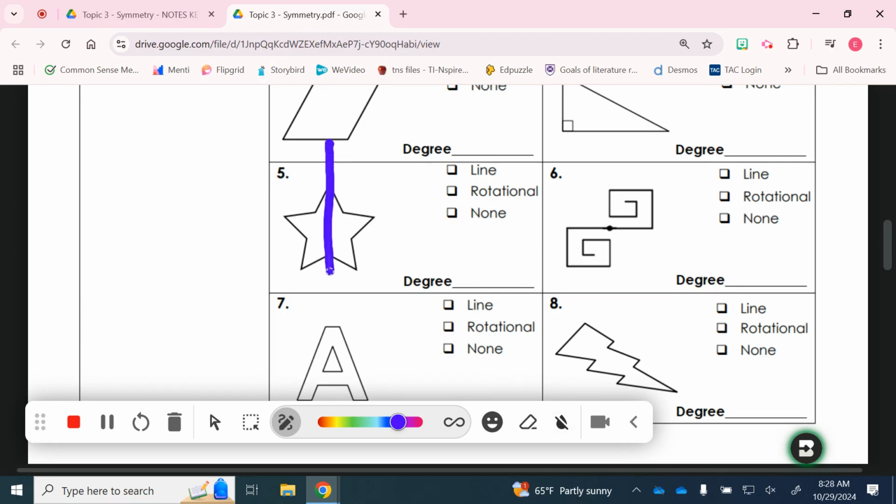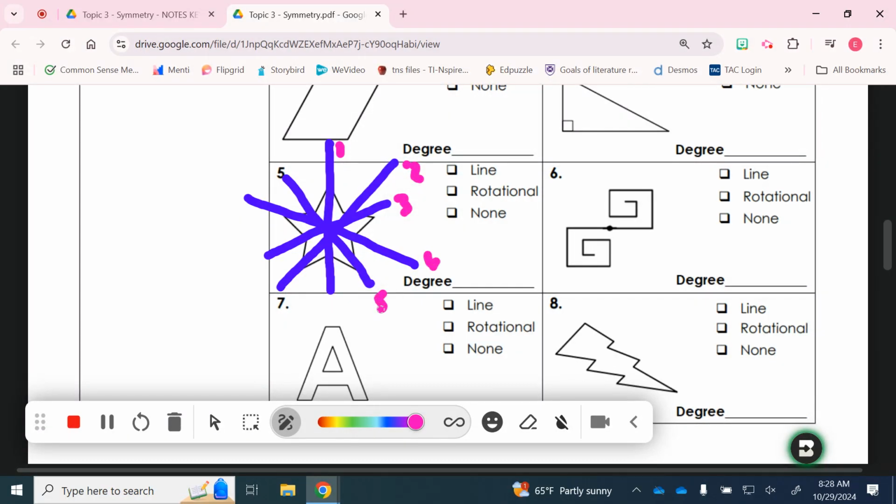However, this one will work, and this one, and this one, and this guy, and this guy. So again, lots of lines here. I'm just going to label them: 1, 2, 3, 4, 5. So this has a total of 5 lines of symmetry. It has rotational symmetry that we calculated of 72 degrees.